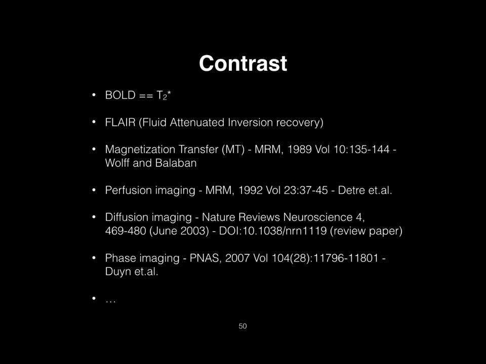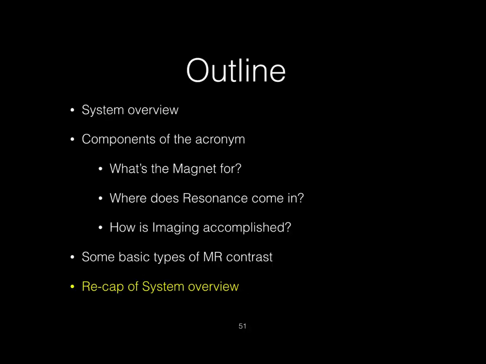And Jeff Dunn's group a few years ago showed just remarkable, absolutely fantastic looking images, but looking at the phase of magnetization, and they were trying to see now if they can use this clinically. Okay. So, any questions? This is kind of the high points in contrast. People will have a few more throughout this lecture series, and who knows, hopefully some of you will come up with some new, fun, interesting ways of looking at water and what's in our bodies.